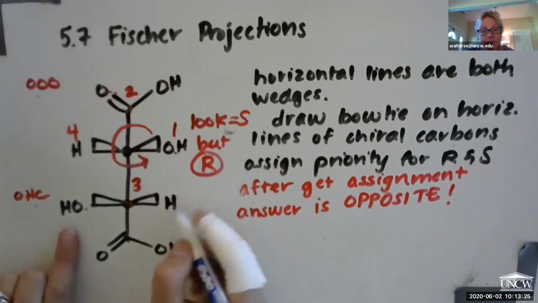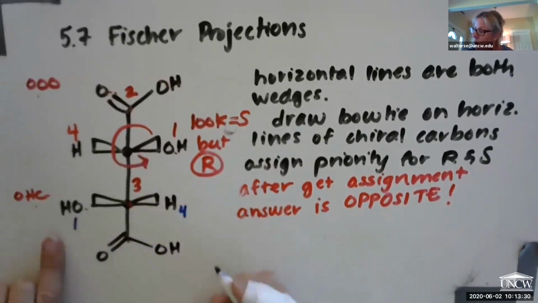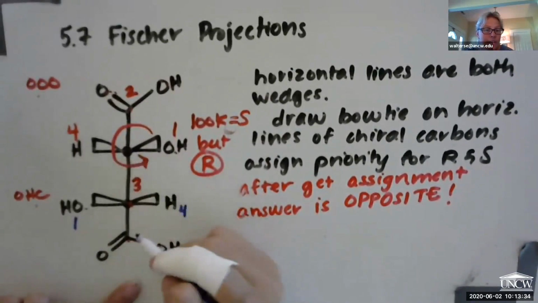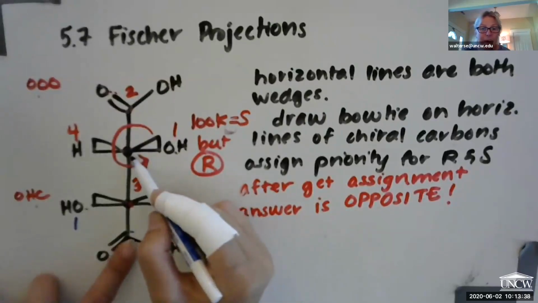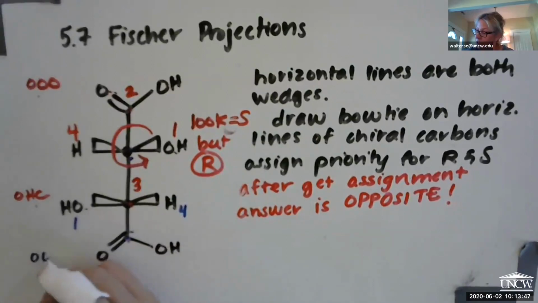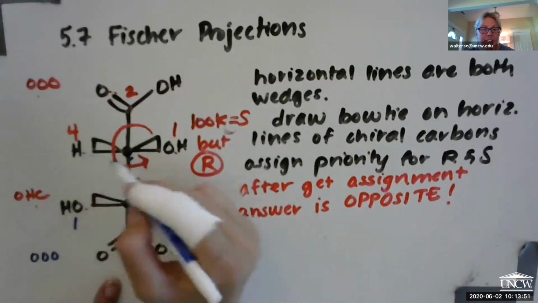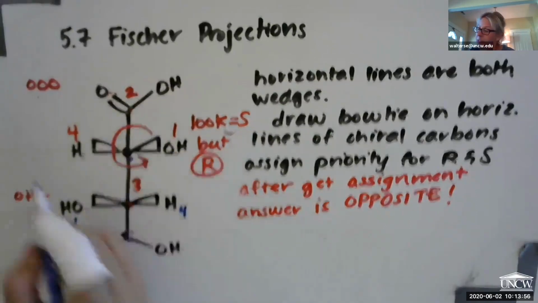Down here, hydrogen is 4, hydroxide is 1. This carbon and this carbon are tied, so you look at the groups bonded to those carbon atoms. This carbon is bonded to oxygen, oxygen, oxygen. This carbon is bonded to oxygen, oxygen, hydrogen, carbon.